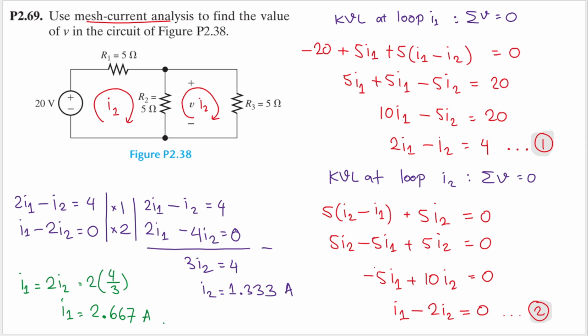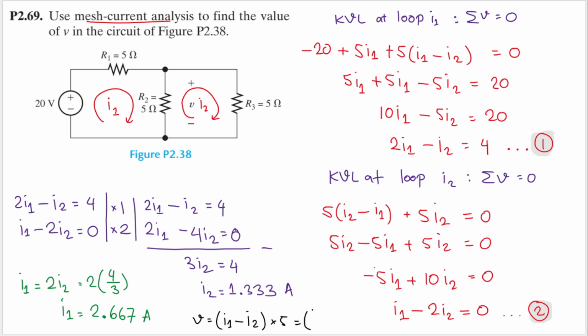However, we are asked about V, not I1 or I2. What is V? V is just I1 minus I2, multiplied by 5. Okay, I think I will find the fraction number more helpful here.